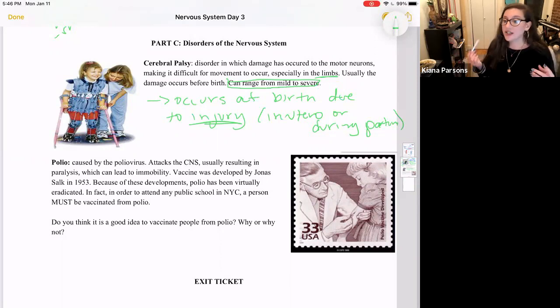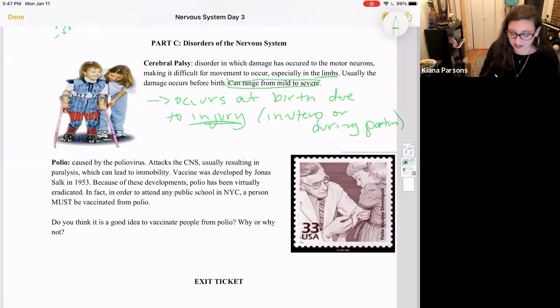And all of us here have received a polio vaccine. In order to attend any public school in New York City or in the United States, you must be vaccinated from polio. And you receive polio vaccinations as a baby in your initial boosters and also at your 2-year and 4-year boosters. So we take the polio vaccine very seriously.